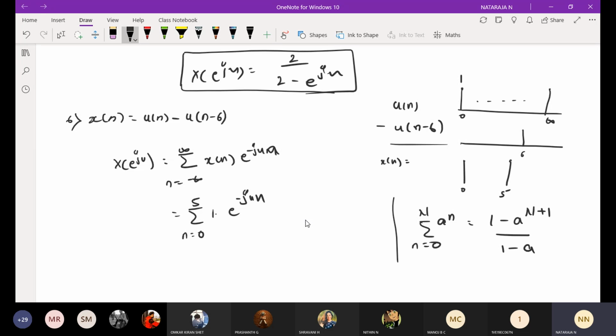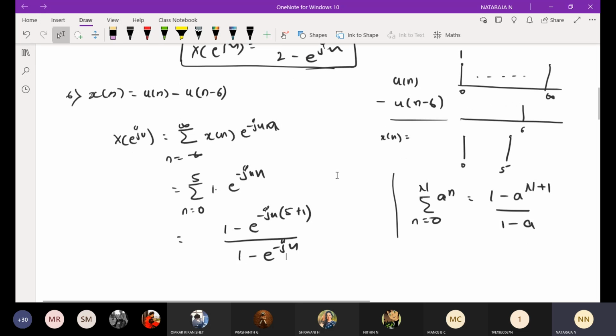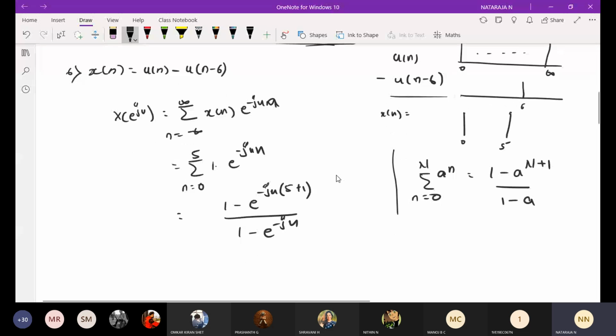Based on that, I change this to 1 minus e power minus j omega 5 plus 1 divided by 1 minus e power minus j omega, so that e power j omega is equal to 1 minus e power minus j6 omega divided by 1 minus e power minus j omega is my final equation.